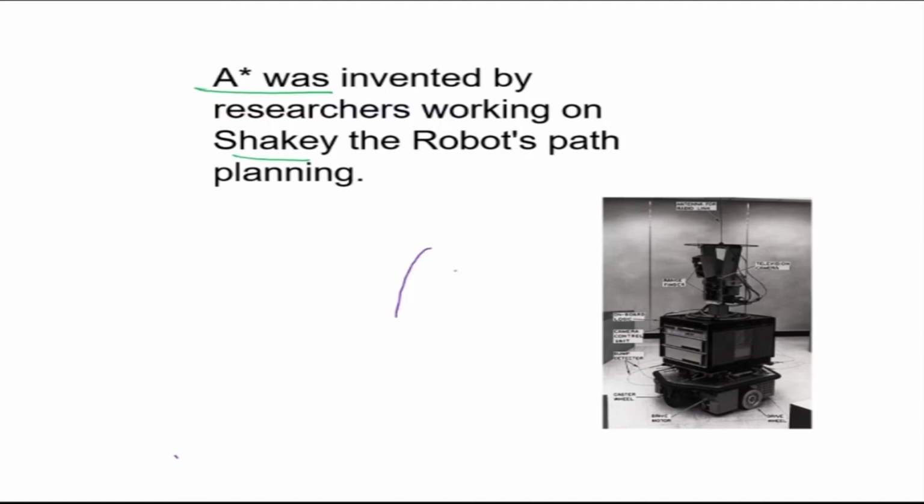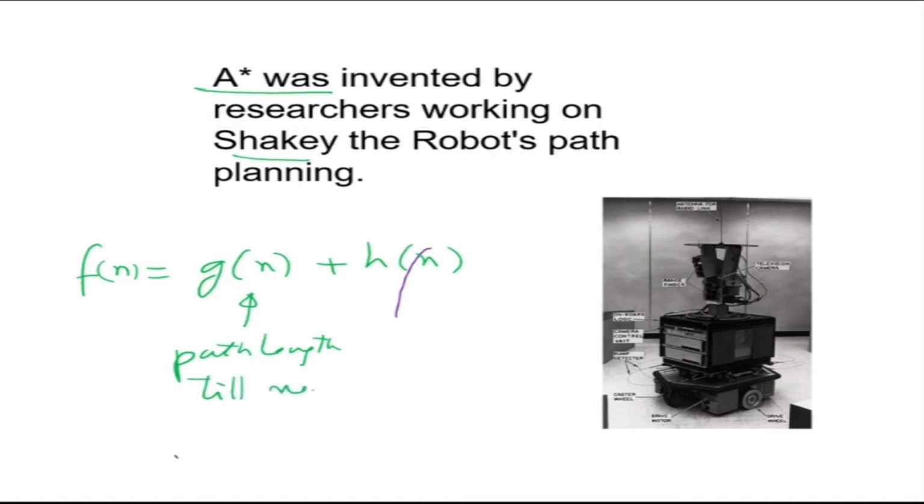Now what A star does is it evaluates a function f(n), which is the sum of two functions, g(n) plus h(n). Here g(n) can be the path length till that particular node. So suppose you are at node A and your next node is node B, this is the path length till this node, and h(n) is a heuristic, which can be the distance to goal.